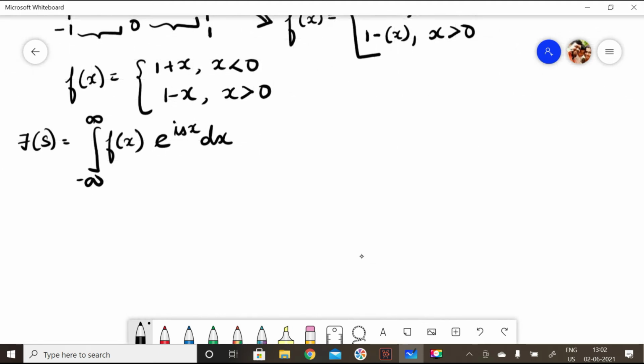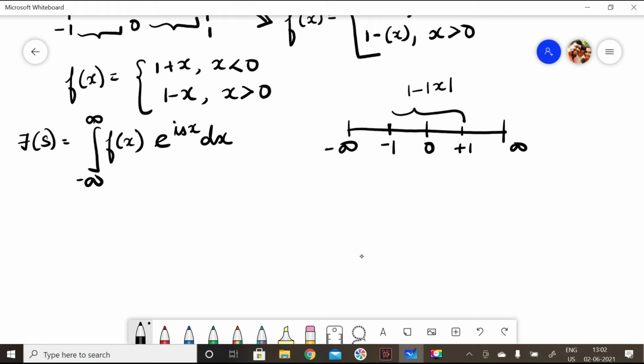I'll draw the diagram again. Minus infinity to infinity, I mark a center point 0, then I mark minus 1, I mark plus 1. Here it is 1 minus modulus of x, then here it is 0, here it is 0.